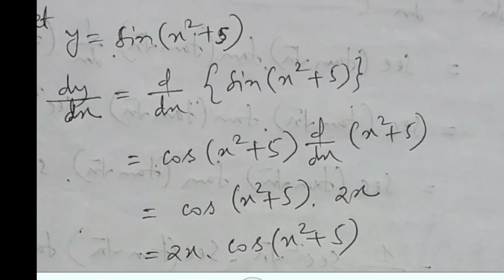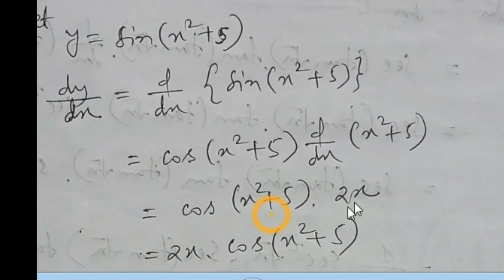But here I am doing it directly, without taking u and v. So dy by dx is equal to d by dx of this part. Then we will write the differentiation of sine, that is cos of this. As this part is not x, we will differentiate this part again.